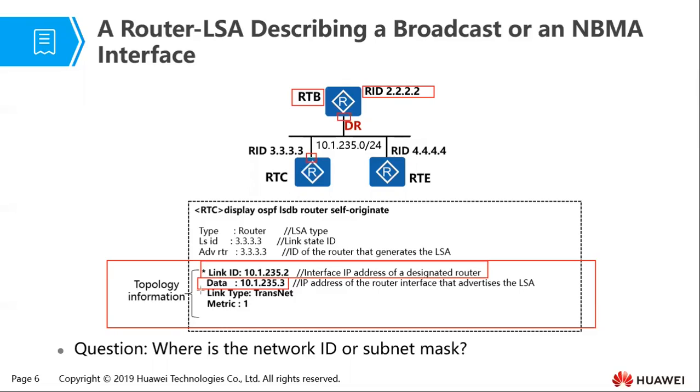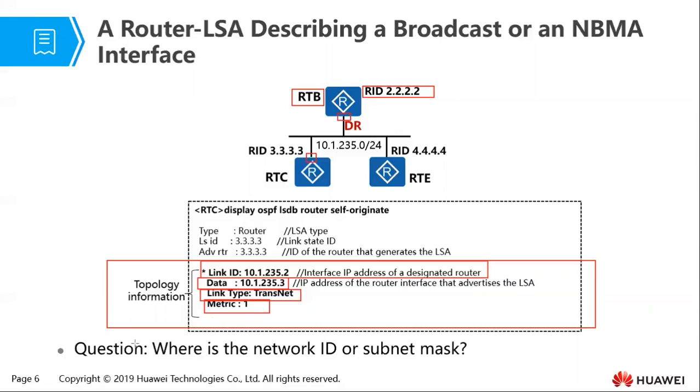Now look at the link type. Remember we said whenever it's a broadcast or an NBMA, then the link type is going to be a transnet, and the metric means the same. So here the cost from this particular link 10.1.235.3 to the shared network is actually 1.